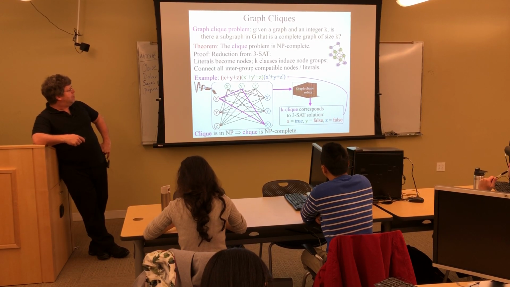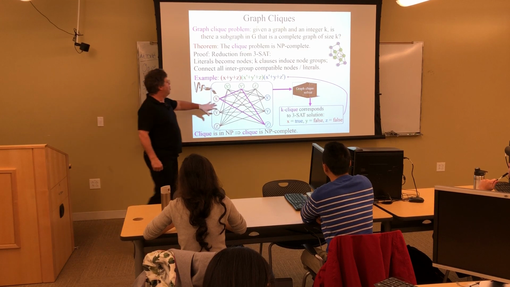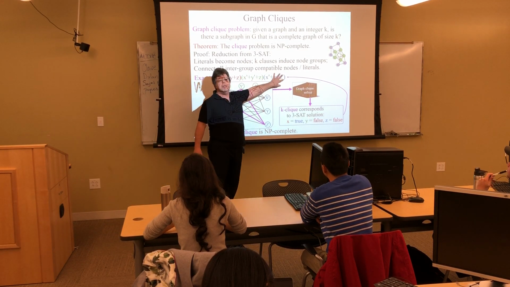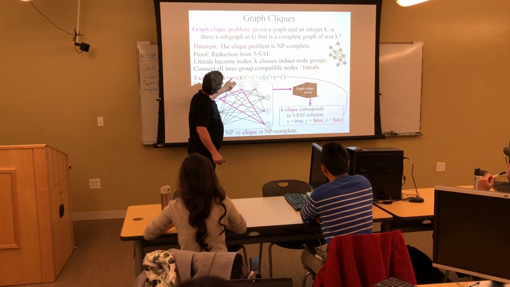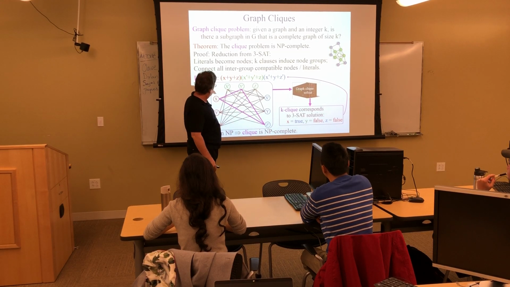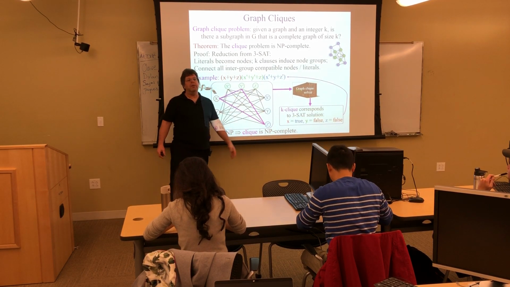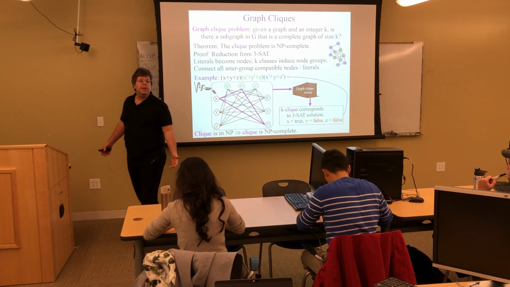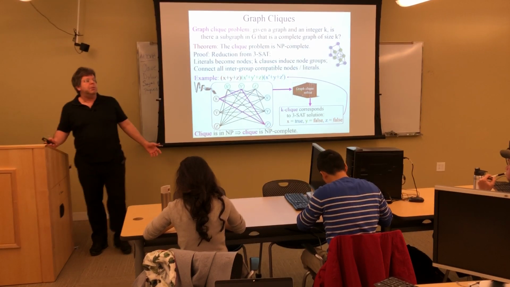And this is a polynomial time reduction. This graph is only polynomial size in the size of this formula. Right? Each variable becomes a node, or maybe two nodes, one for the variable, one for the negation, but then the negations have to appear here too. And how many edges can you have in a graph with n nodes or 2n nodes? At most a quadratic number of edges, right?